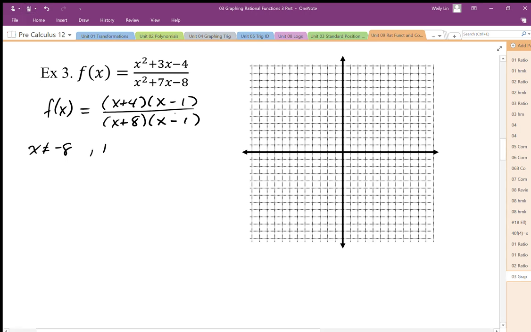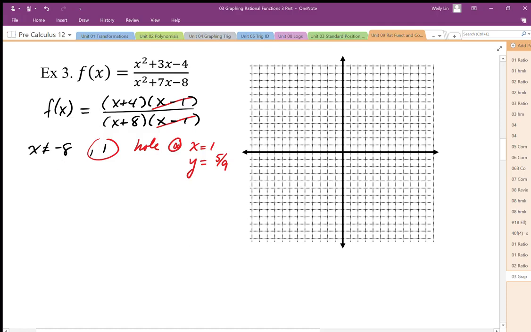These cancel out. This represents a hole. I want to calculate the y-coordinate of the hole, so I plug the x value into the remaining expression. I end up with 5 over 9. So 1 plus 4 divided by 1 plus 8.